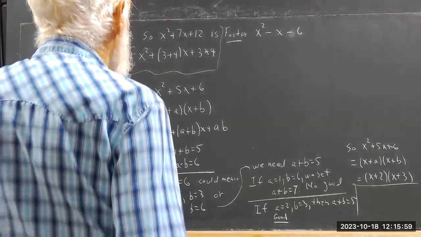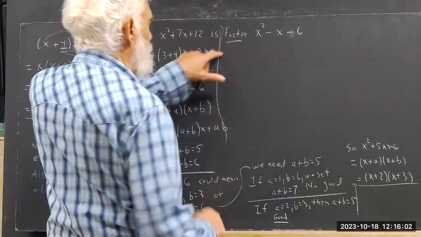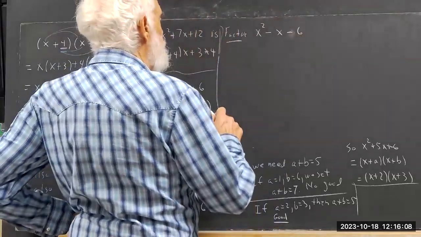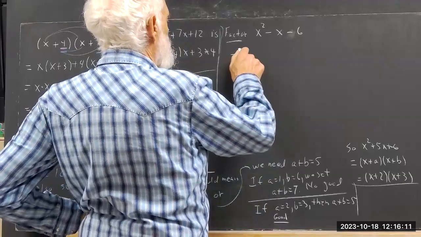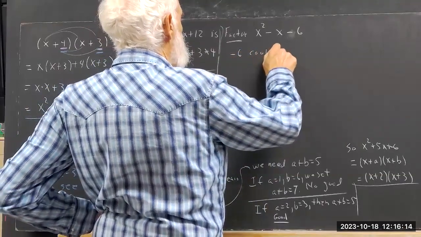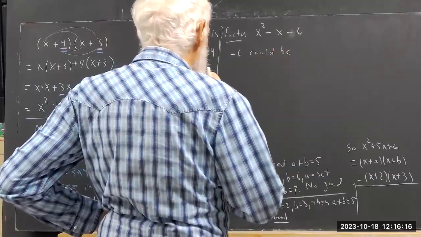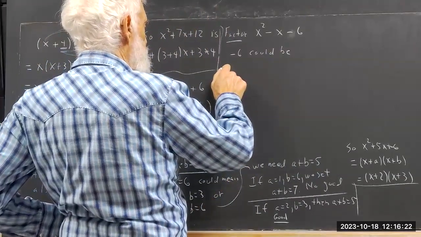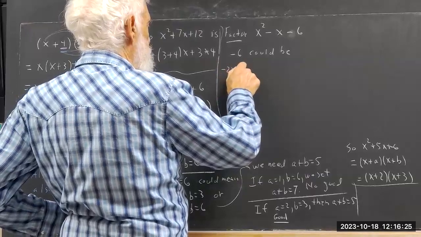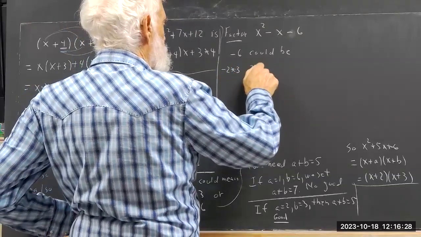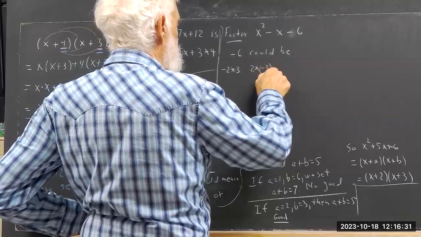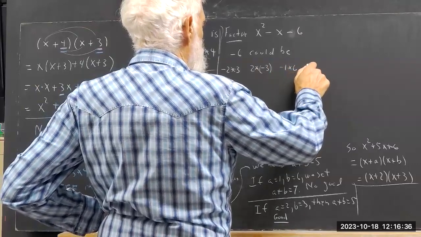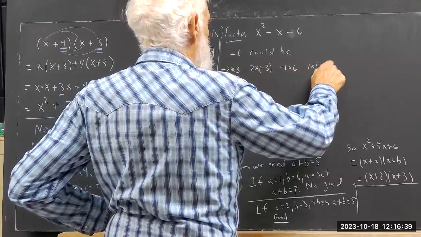Okay, now take this problem, factor x squared minus x minus 6. Okay, minus 6 could be a number of things. It could be minus 2 times 3, or 2 times minus 3, or minus 1 times 6, or 1 times minus 6.